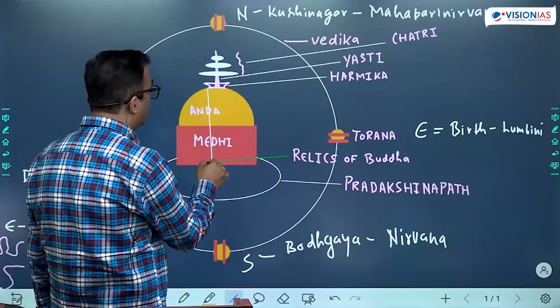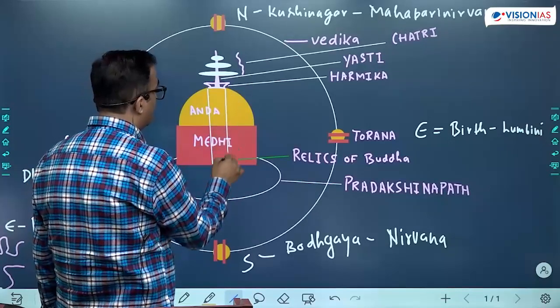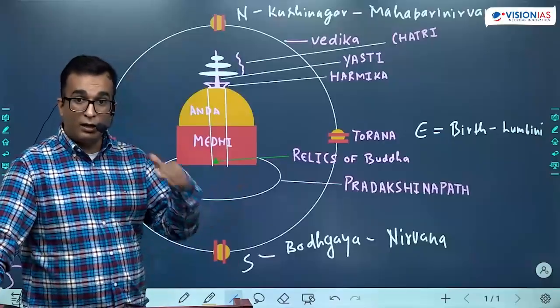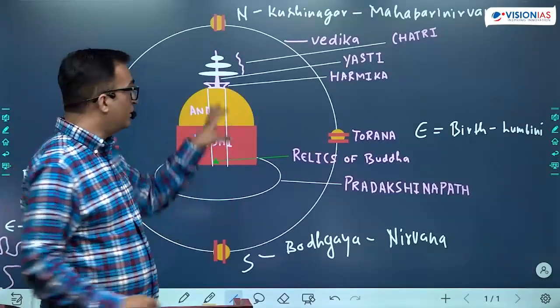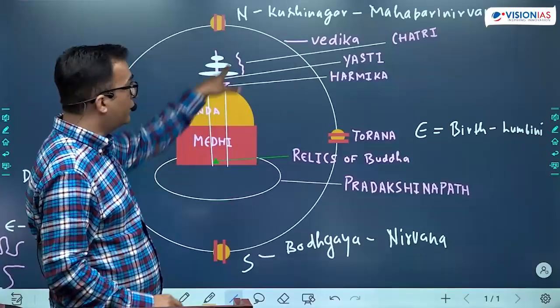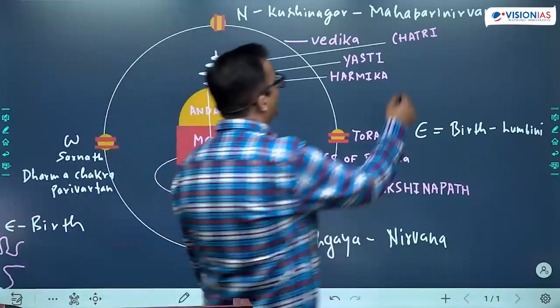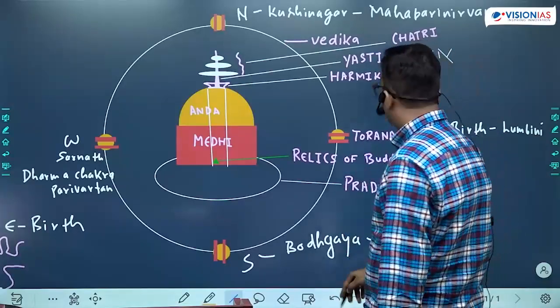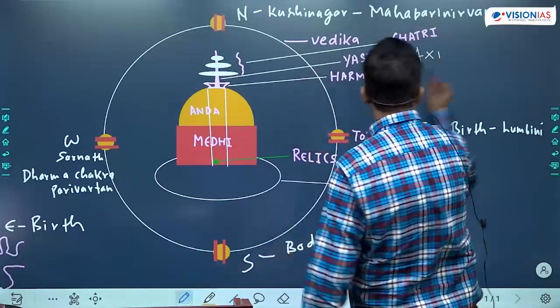If we create a straight line from the Harmika, it represents the relics of the Buddha, so this is the most sacred space. What is Yasti? Yasti is considered the axis of the earth.